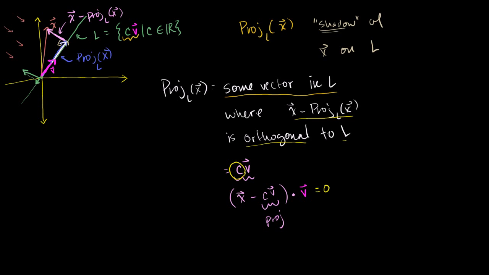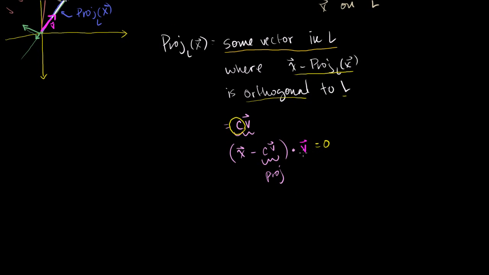The dot product exhibits the distributive property, so this expression can be rewritten as x dot v minus c times v dot v. And all of this, of course, is equal to 0.